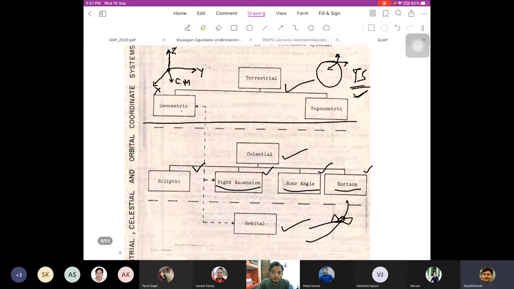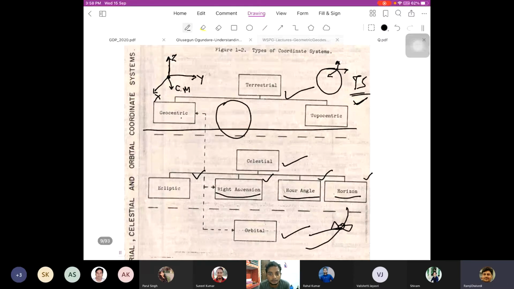By topocentric, what I am trying to refer to is, suppose this is your Earth, and this is your geocentric point, where Earth's center of mass is, but this is your actual topography, the surface of Earth. This is the place where you are, and you have to work with the instruments you have with you. To start the work, you cannot reach the geocentric point, but instead you can establish your total station or tripod here on the surface of Earth, where you are standing.